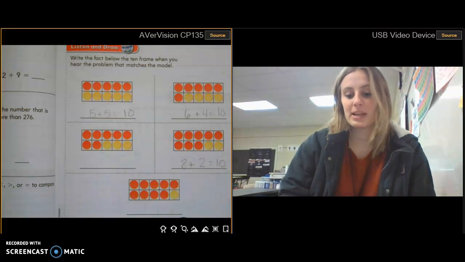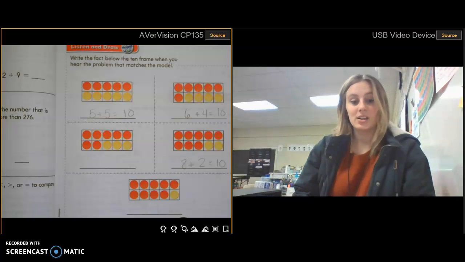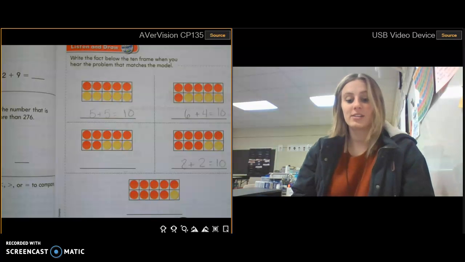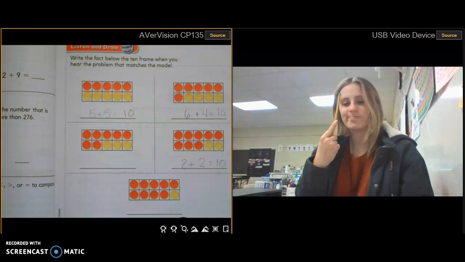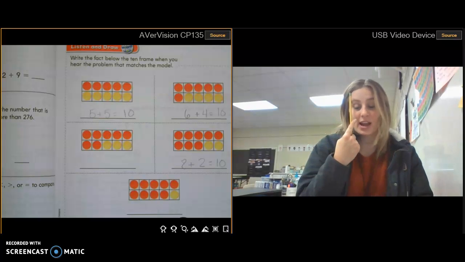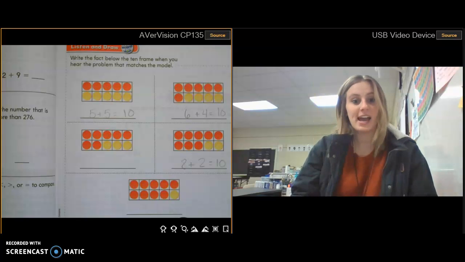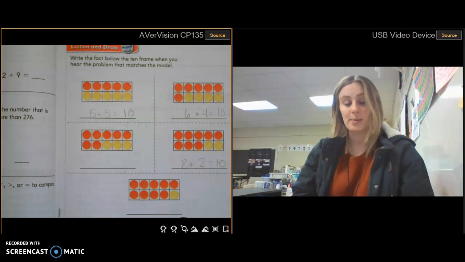Our next problem is this. What if there were 9 large dogs and 1 small dog? So 9 large dogs and 1 small dog. So you might think in your head, I know this is a tens frame, and if I have 9 large dogs, that's 1 less than 10. So the red is going to fill up most of my tens frame.